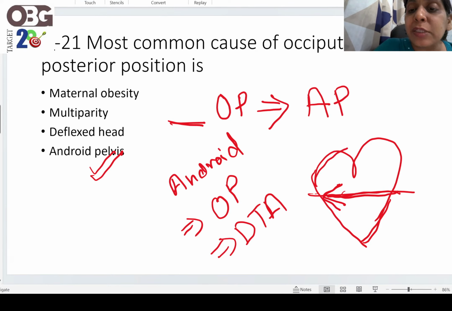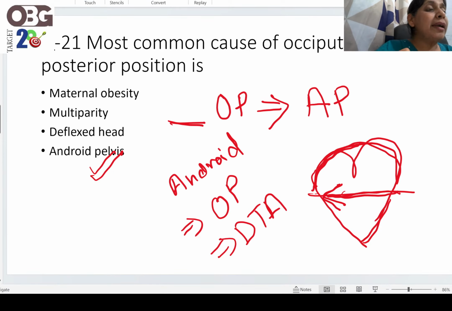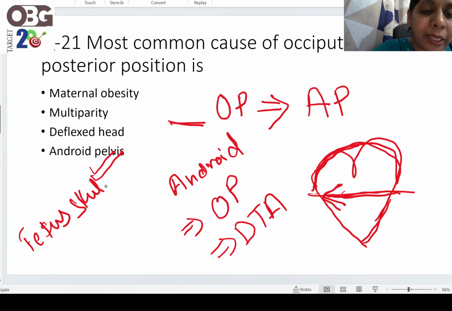The android pelvis is broad posteriorly, okay, and the fetal skull's occiput is also broad posteriorly. Which is the broad part of the fetal skull? Just a minute.